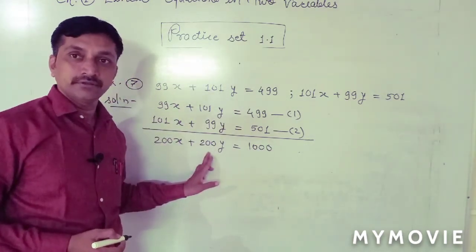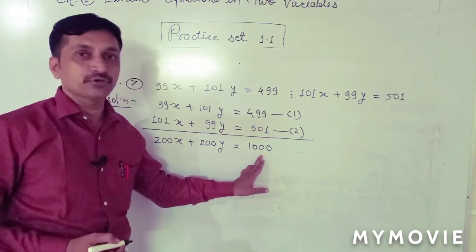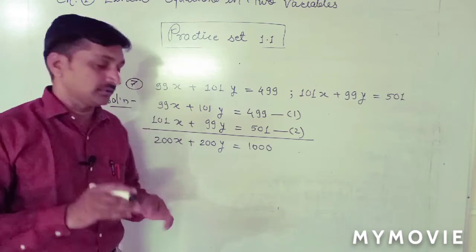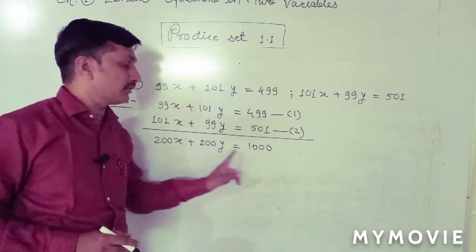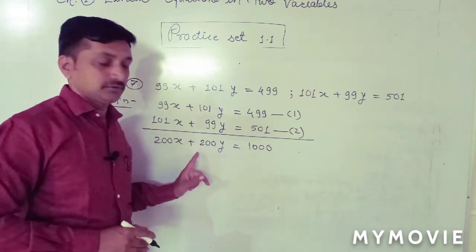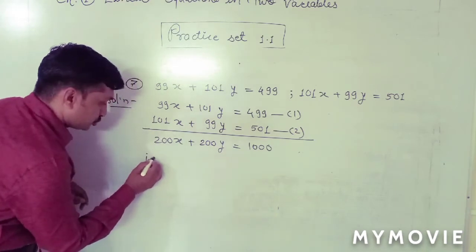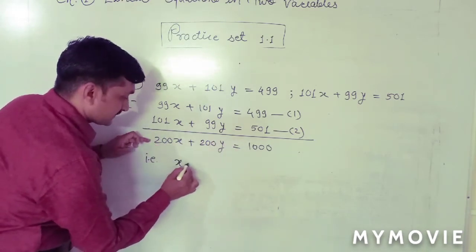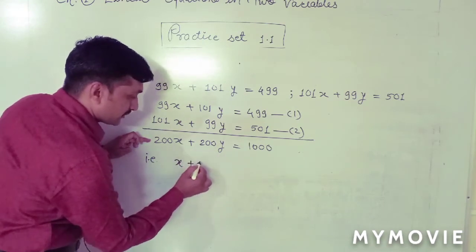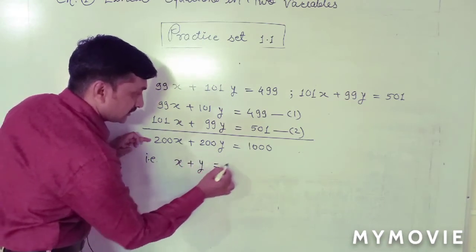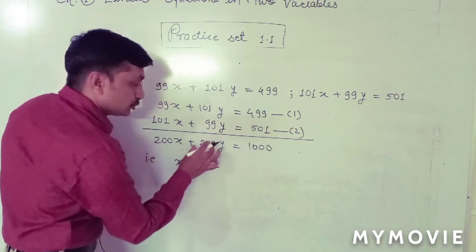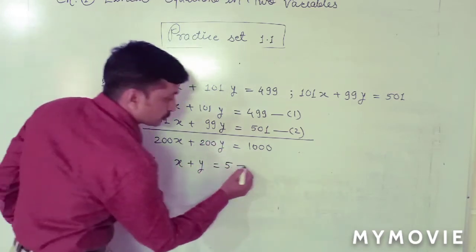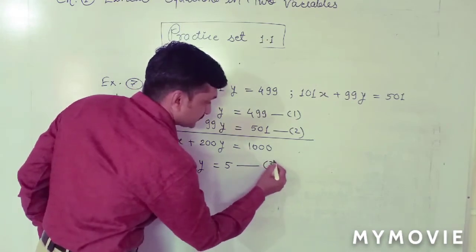200x plus 200y is equal to 1000. Now convert this equation into a simple one by dividing all three terms by 200. If we divide all these three terms by 200, we get x, since 200 divided by 200 is 1, y, and 1000 divided by 200 is 5. This is equation number 3.